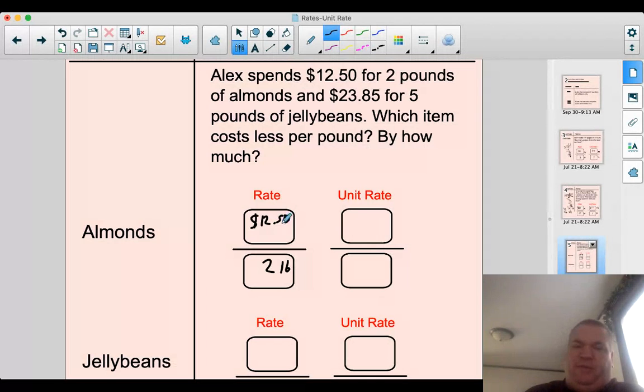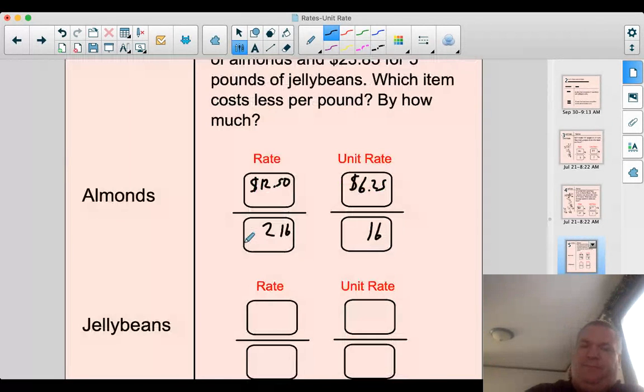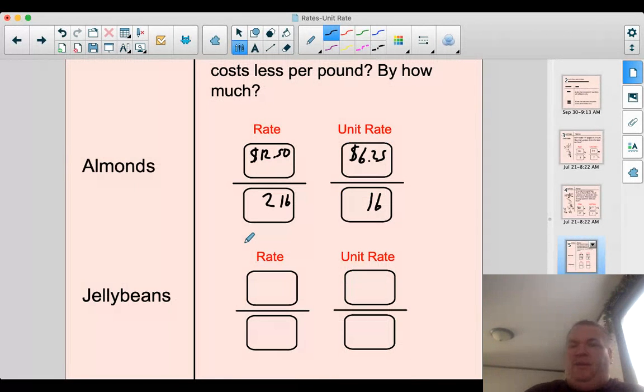That means I'm going to do $12.50 divided by 2, which I can do in my head. That's $6.25 per pound. Okay, so $6.25 per pound is my unit rate for almonds. If you're not sure which number to divide by which, remember I'm trying to find the cost per pound. If you want the cost per pound, you have to divide it in that order. Cost divided by pounds.